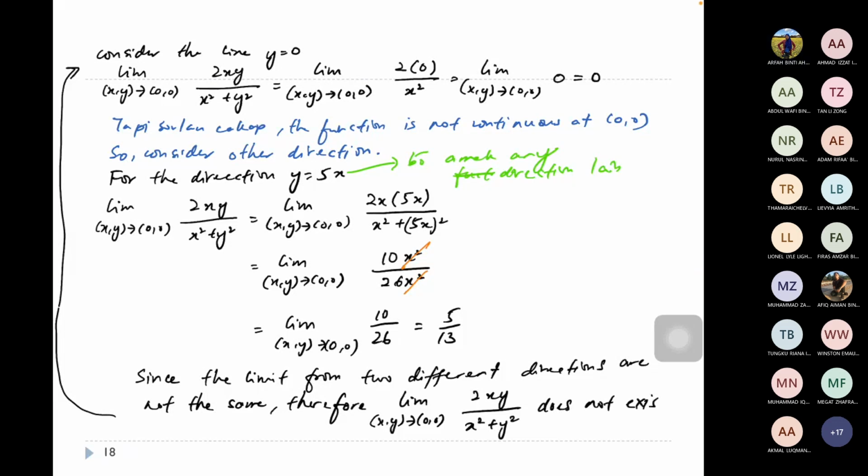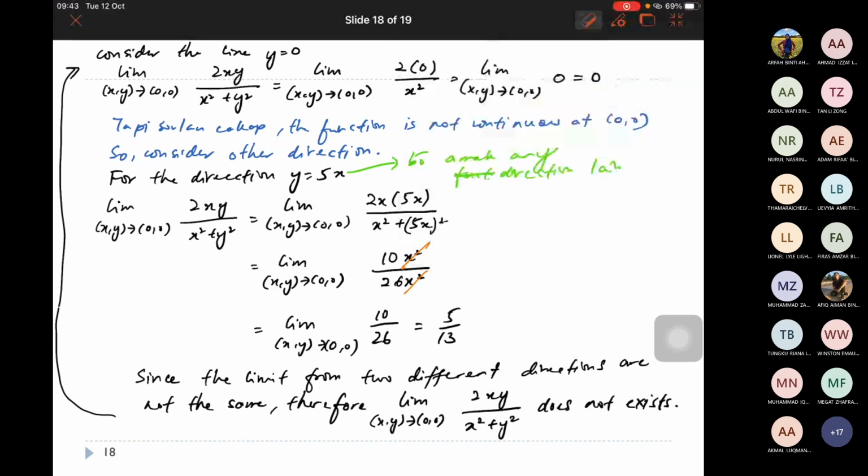Okay. So itu adalah dia punya solution. So then check pula condition 3. So condition 3, check condition 3. Condition 3 fulfill or not?